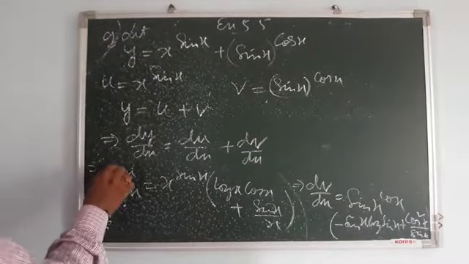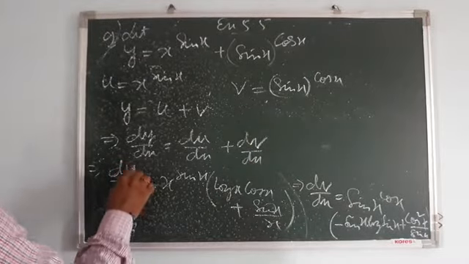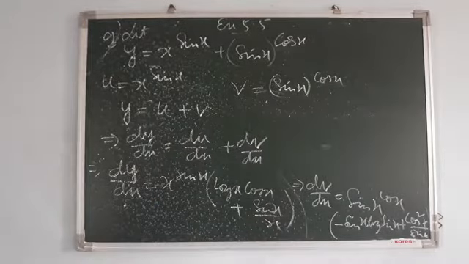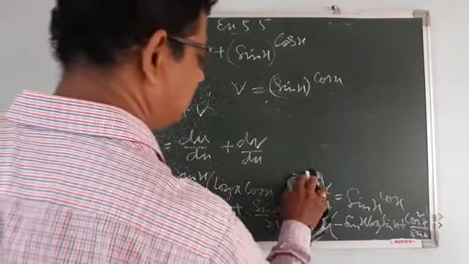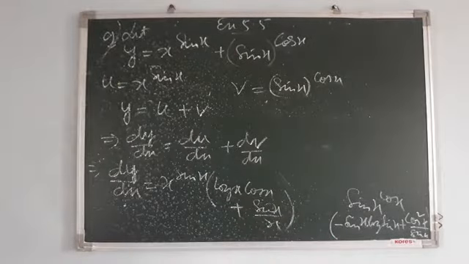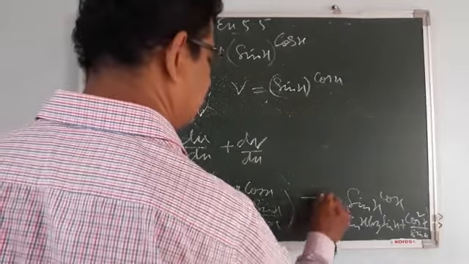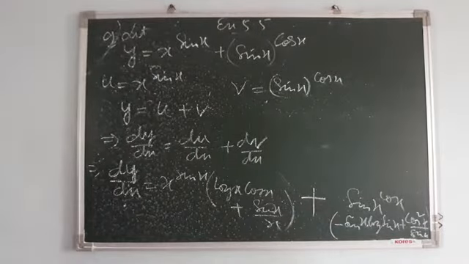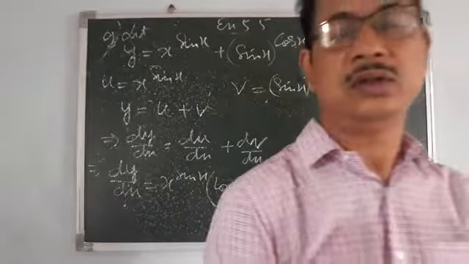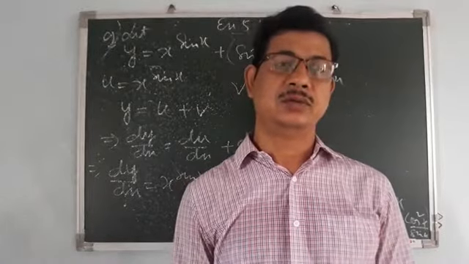Differentiation of this one will be du dx is this, and dv dx we know, we will just add these two results. So if we add, this will give the value of dy dx. So I expect students you understood all these things. So that much for today.